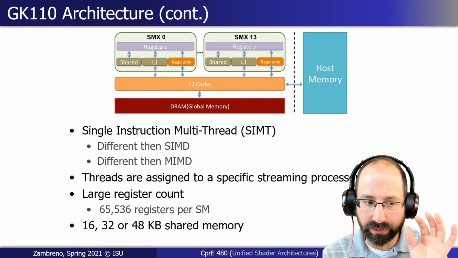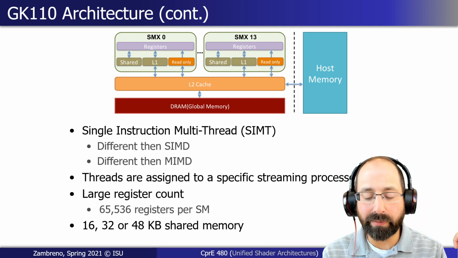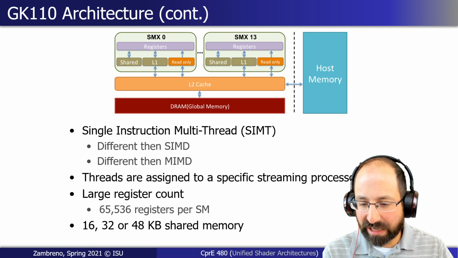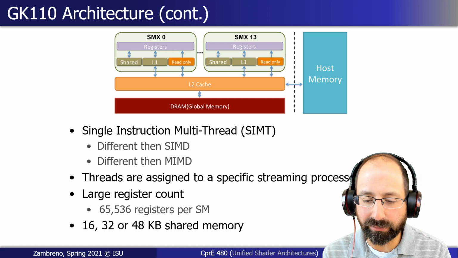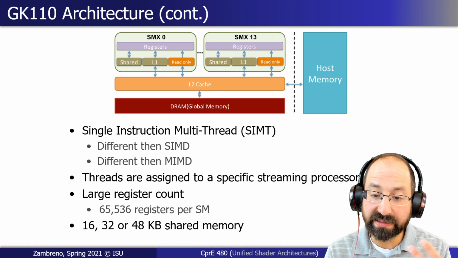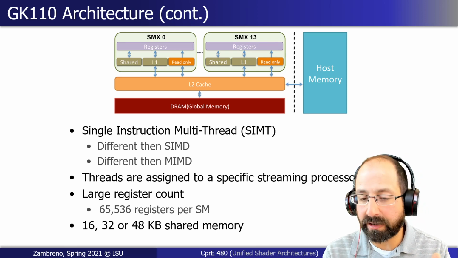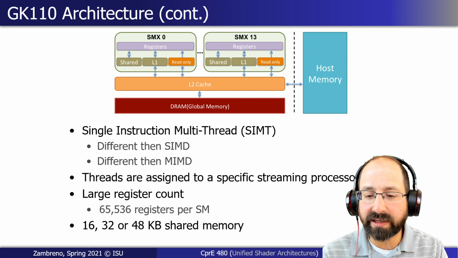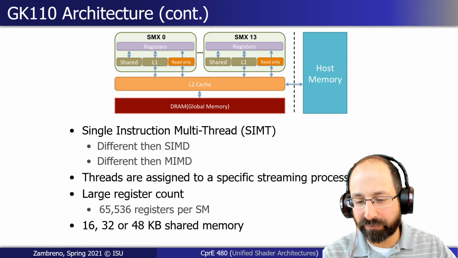We have to grab the state of that thread, copy at least the register state to memory somewhere, and then copy the new one back in. Thread swap, context switch, right? You learn about that in 308, at least I hope so. For this SIMT model, the design choice is to minimize that overhead of switching between threads as much as possible. When you have hundreds of thousands of threads, that becomes a critical design consideration. And the design choice we see is having basically a massive register file.